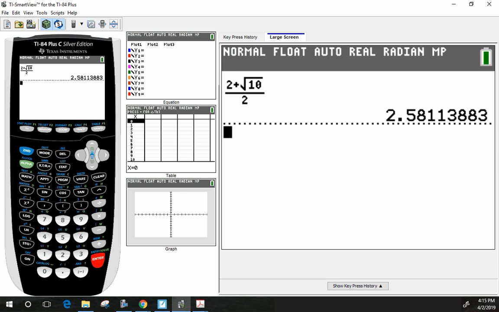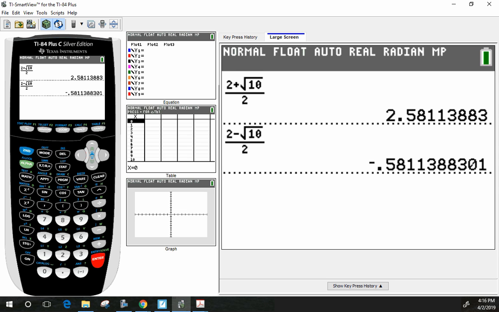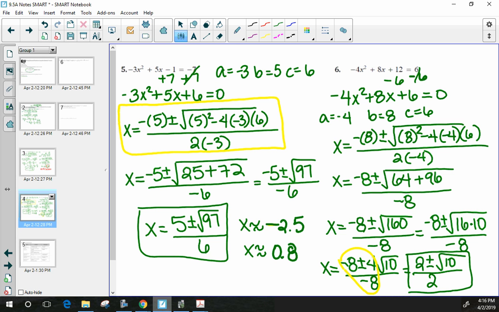The other solution is exactly the same thing, but we are going to use subtraction in the operation at the top here. That's your other solution. So we're looking at approximately 2.6 and negative 0.6 as the decimals.